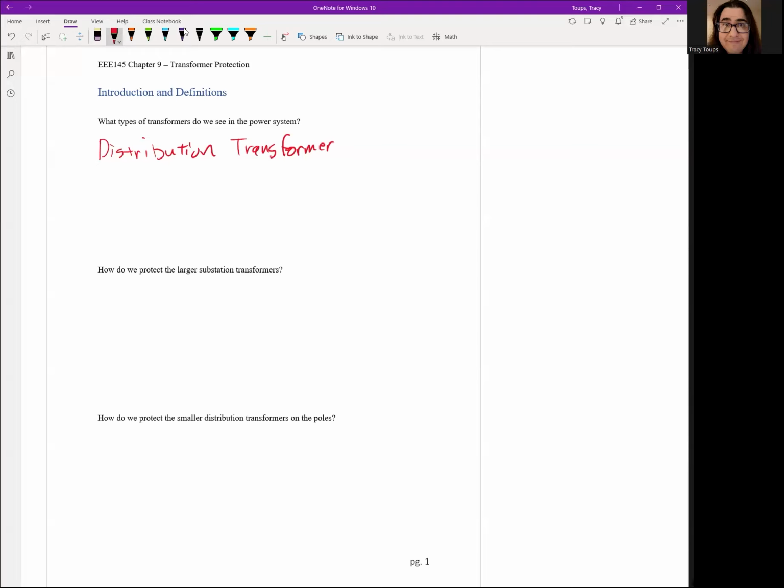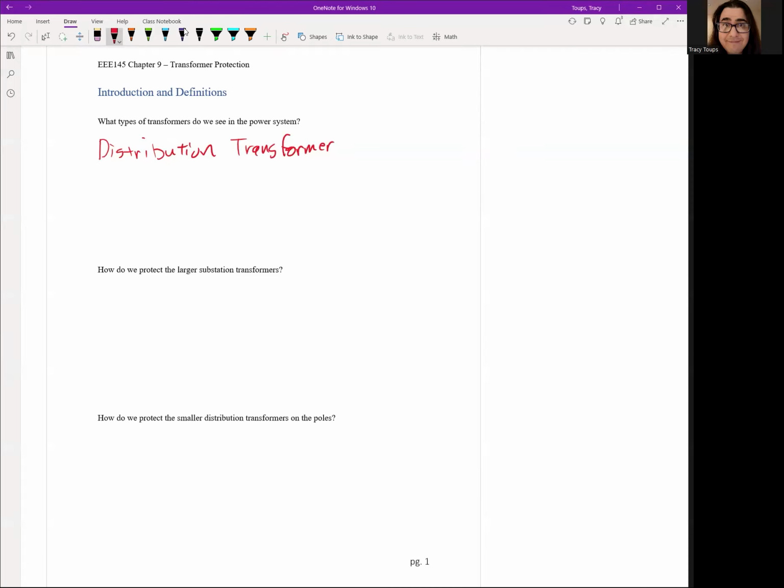Or some people would say this is even the transformers in the small substations near the distribution grid. So your step down transformer in a substation could be considered a distribution transformer, some would say.